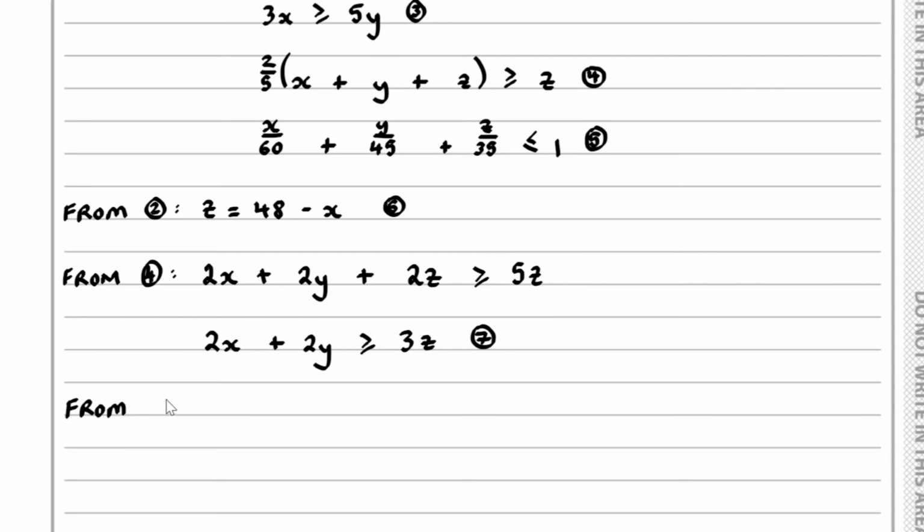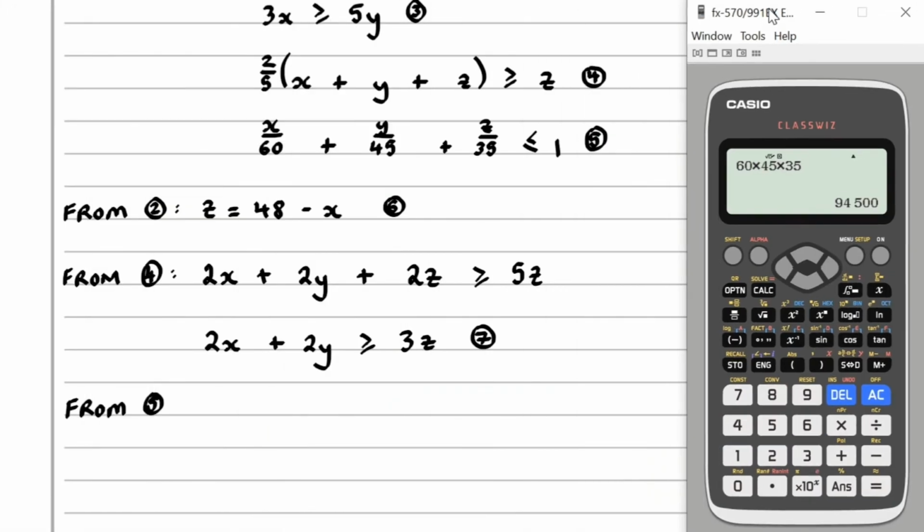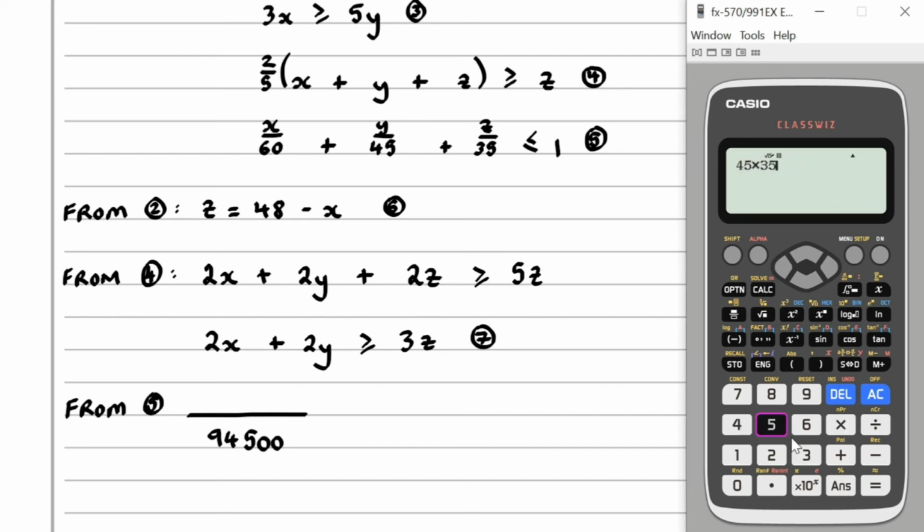So from equation 5, if I write everything over a common denominator, what would our common denominator be? 60 times 45 times 35. We get 94500. And from that, how many x's will we have? Well, we'd have 45 times 35 x's.